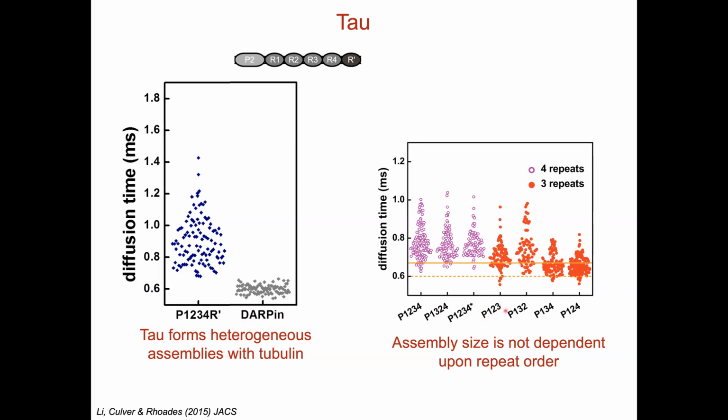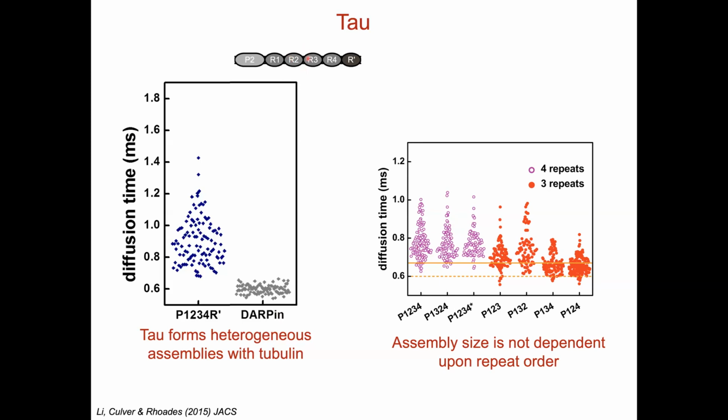So just to illustrate here, P123 means it has P2, R1, R2, and R3. And so what you'll notice is we have what we would call both natural constructs, meaning the constructs are in the order you would find them biologically, like P1234, and then we have some where he has basically made cloning constructs where he's switched, for example, the position of R2 and R3.